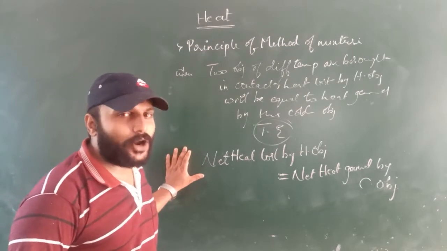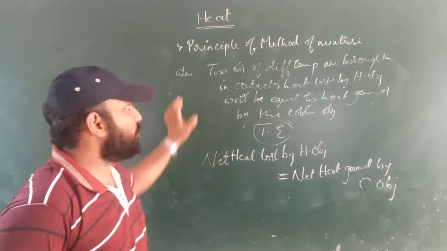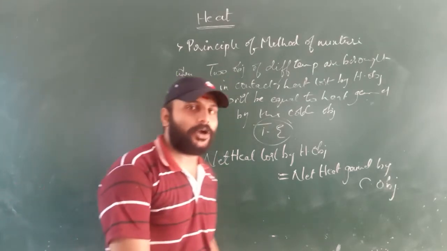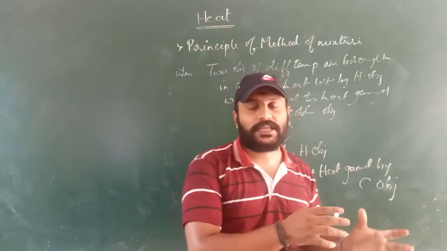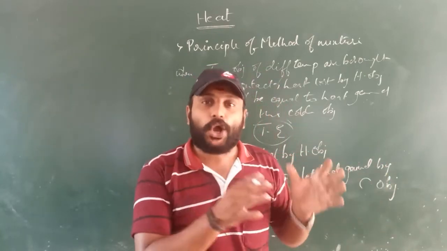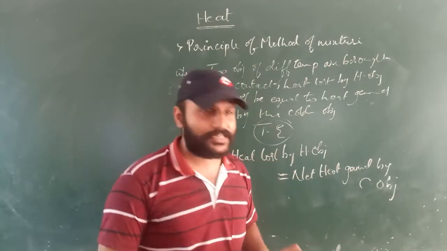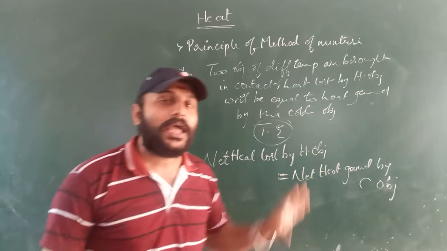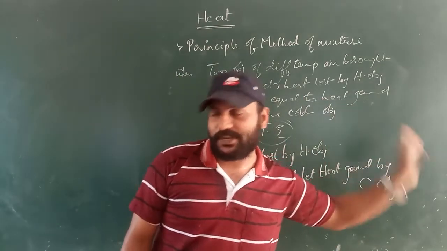Understood? When two objects are brought in thermal contact, the amount of heat lost by the hotter object is equal to the amount of heat gained by the colder object until both objects attain thermal equilibrium. Net heat lost by the hotter object is equal to net heat gained by the colder object. This is called the principle of method of mixture.